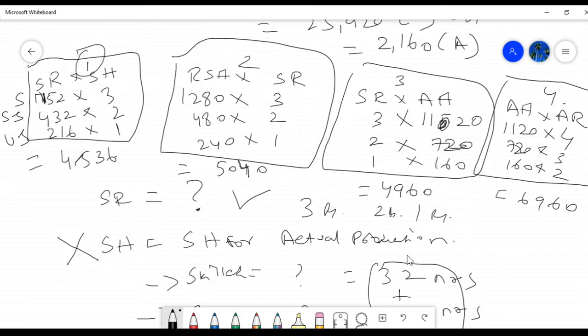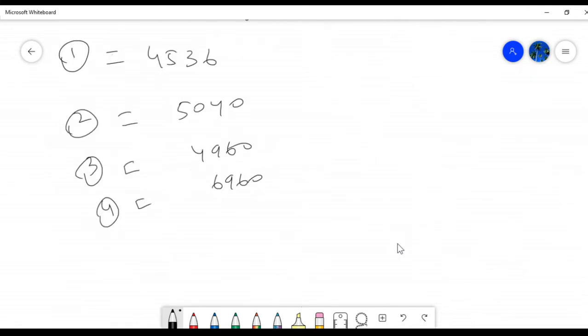Two is how much? 5040. Three is how much? 4960. Four is how much? 6960. Okay, this will be useful to work out the answer.